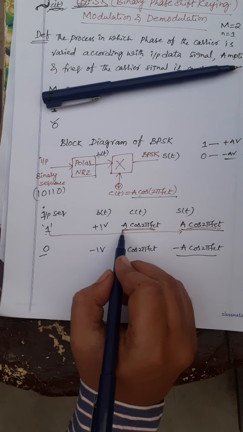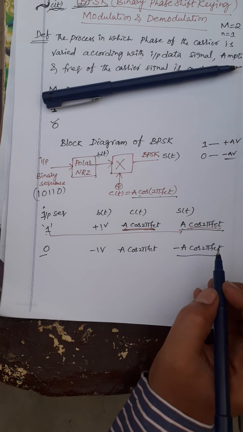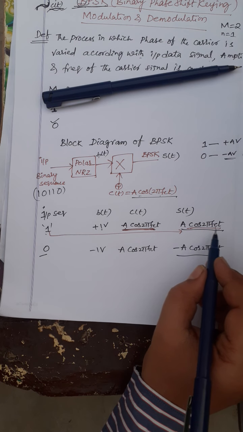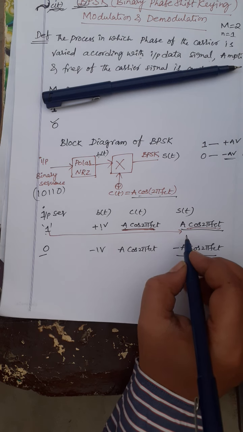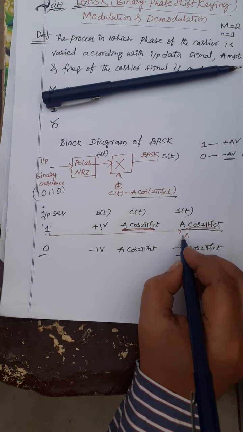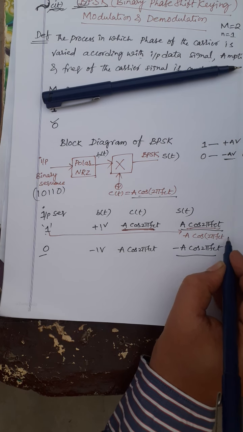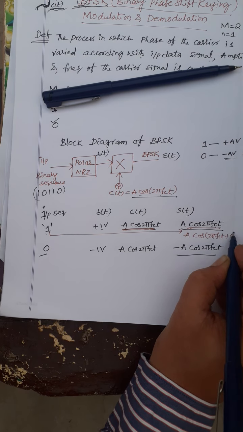Yes or no? Whatever the carrier signal, that is A cos 2 pi fct, the same signal I am getting here. So we can also write for bit 1, A cos 2 pi fct plus 0 degrees. For bit 1 the phase is 0 degrees, so you will get the same thing.